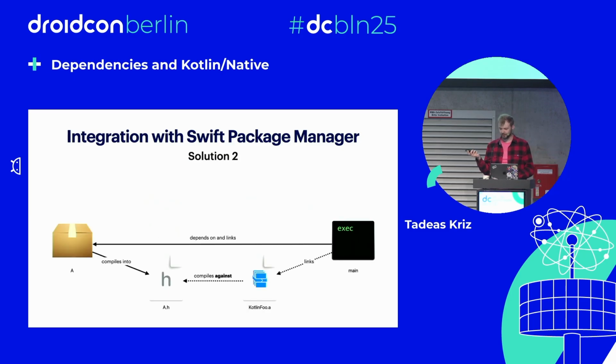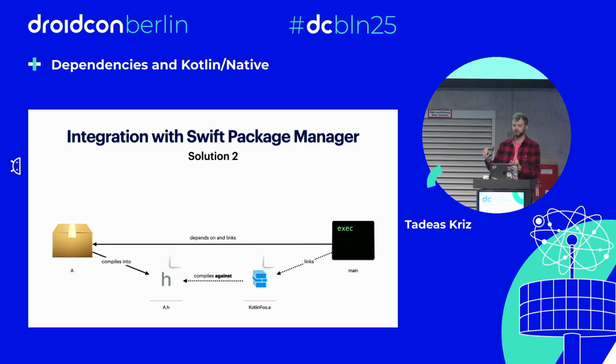The second option, and the one that I would recommend, is switching your KMP compilation to static. So instead of producing a dynamic Kotlin framework, you produce a static framework, which, again, is just a bunch of object files. And therefore, you don't need to say what you're gonna link against.